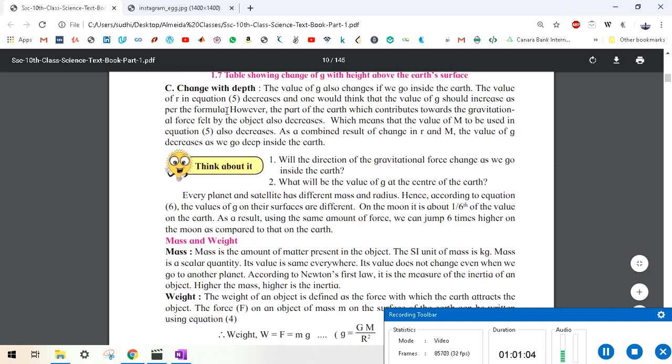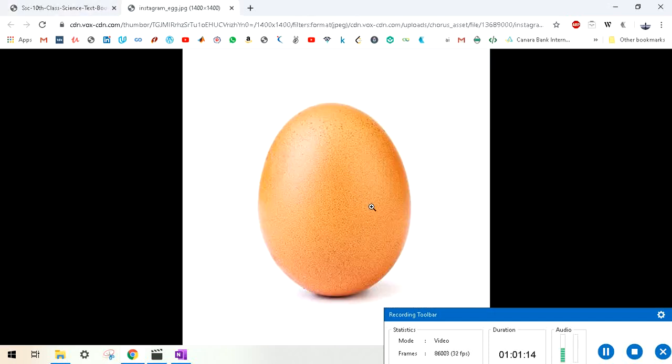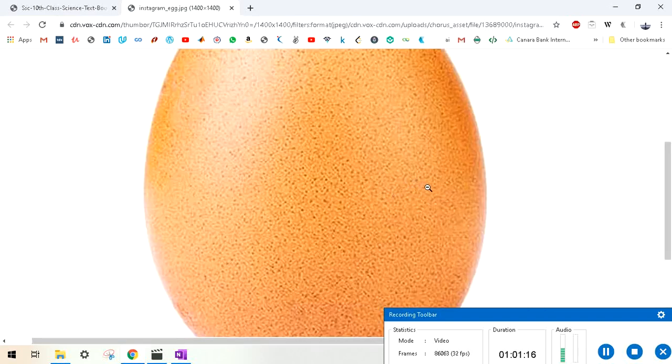What we should say is that the part of the earth which contributes towards the gravitational force felt by the object also decreases. Let's say I am at this point. This outer part of earth is not exerting any force on me.